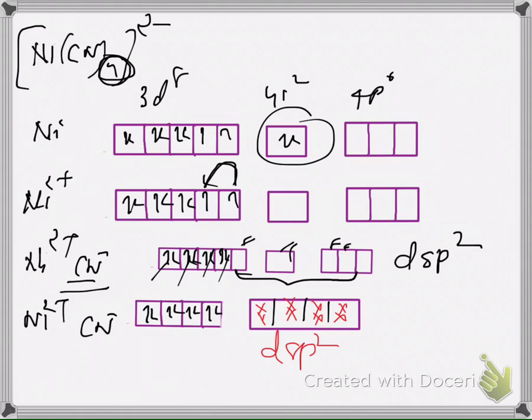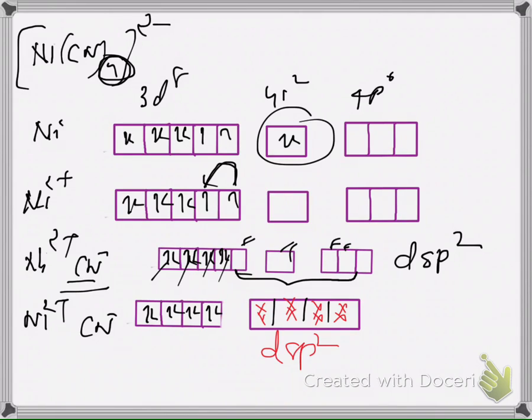Here the inner d orbital is involved in hybridization, but for that reason, you don't want to say it is an inner d complex. For a square planar complex, you have only one hybridization, that is dsp2. But for an octahedral complex, you have 2 hybridizations, sp3d2 and d2sp3, so you have to mention whether it is inner d or outer d.